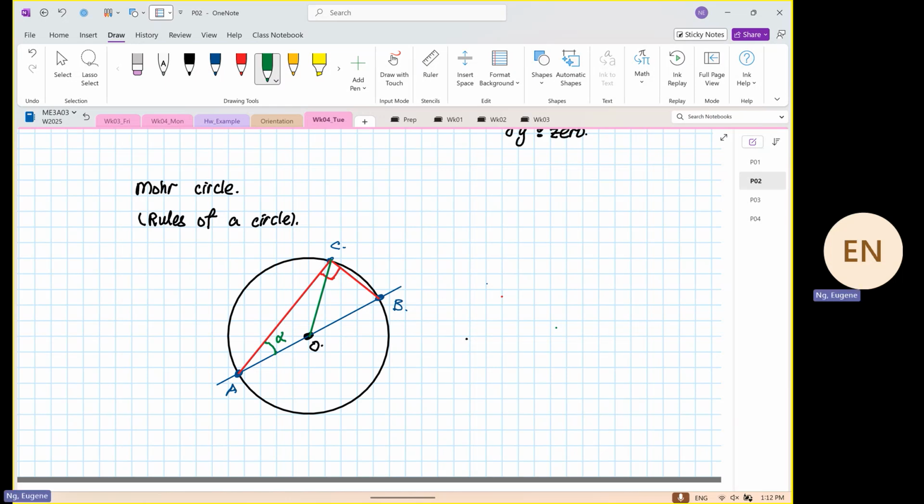And we know COB over here is equal to 2 alpha. And why is that? It is because this distance over here is your radius. This distance is also your radius. When that's the case, the angle over here is also known as your alpha. The angle over here will be known as 180 minus 2 alpha.